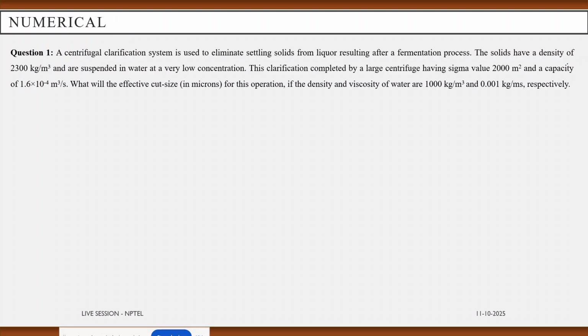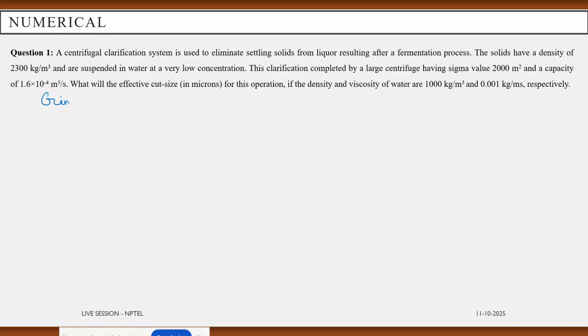The solids have a density of 2300 kg per meter cube and they are suspended in water at a very low concentration. This clarification is completed by a large centrifuge having sigma value 2000 meters square and a capacity of this is the volumetric flow rate. So what will be the effective cut size in microns where other densities are mentioned?